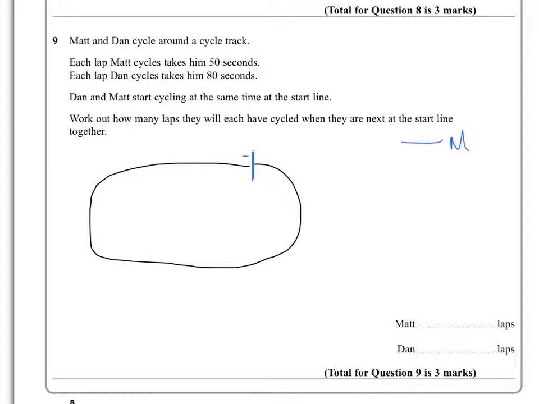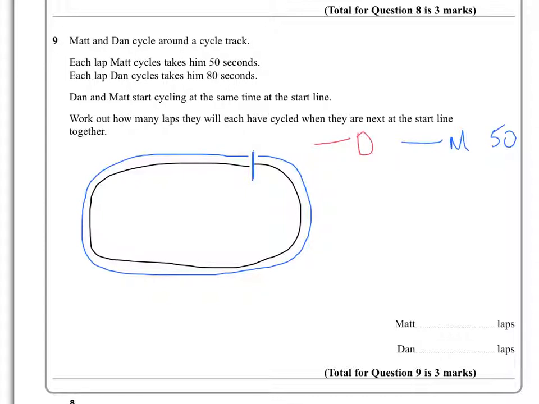So Matt will go around the cycle track like this, and that will take him 50 seconds. Dan, who we'll do in red, will do exactly the same track, obviously.